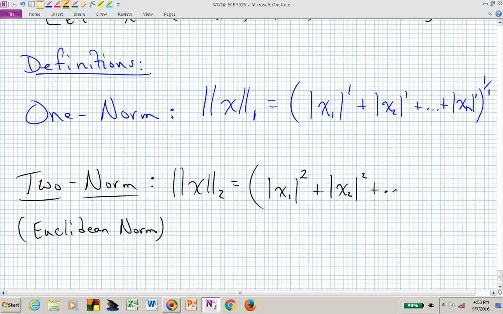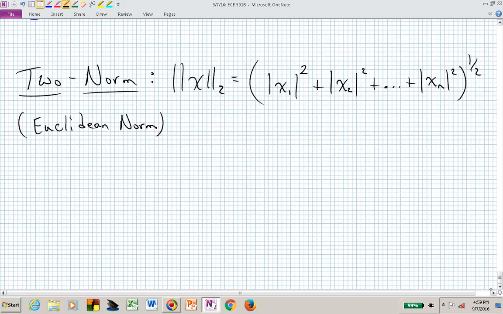And we just keep going, taking the nth coordinate squared, and we sum all of those squared magnitudes up, and then we take the square root, or the 1 over nth root, of that sum of squares. So this is the square root of the sum of the squares of our coordinates. That's the 2 norm.